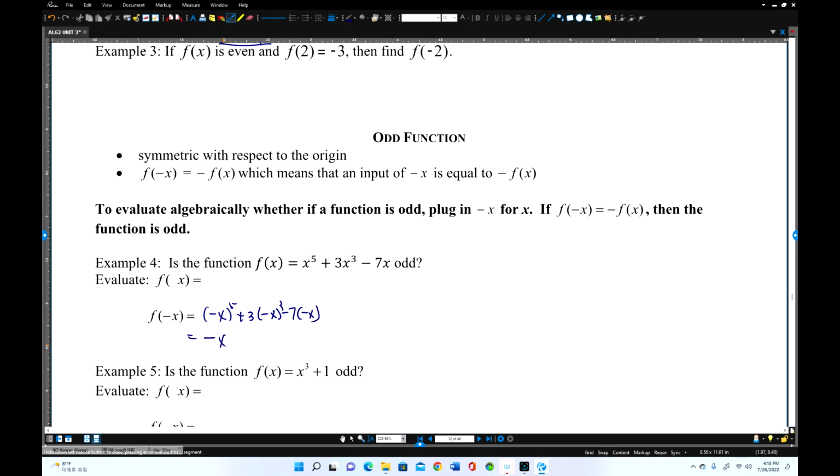So that is negative x to the 5, minus negative 3x cubed, plus 7x. Put the negative sign out to get this one, right? We need to get this one. X to the 5, taking the negative out gives a positive 3x cubed, minus 7x. They are equal.